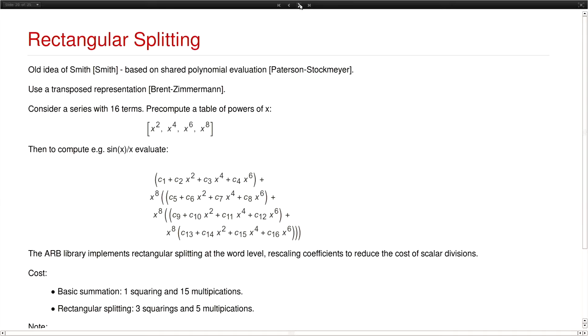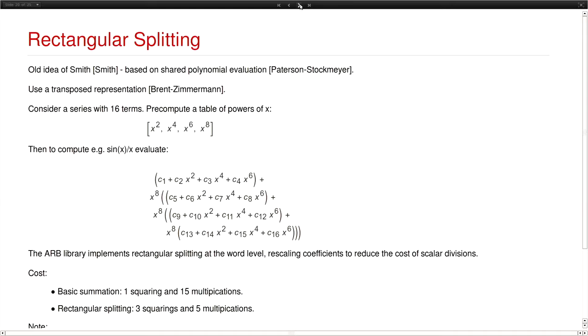The number of powers here is 4 powers, which is the square root of the number of terms in the series. And I rearrange my Taylor series to use these tables of powers over and over and over again, and I just multiply in a nested fashion by some power. And if you expand all this out, then you'll get the Taylor series. If you call expand on this, you'll get the first 16 terms of the Taylor series, right?